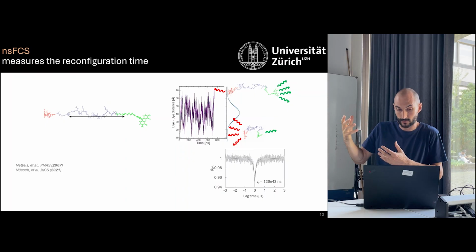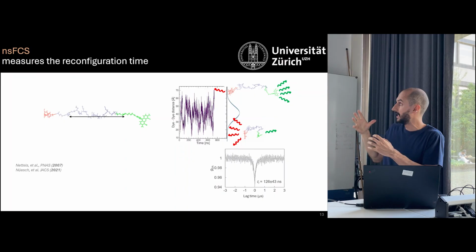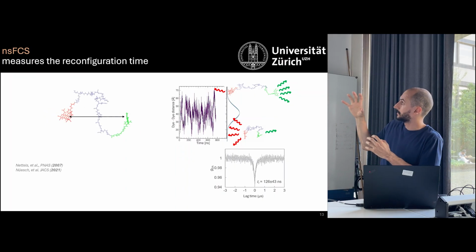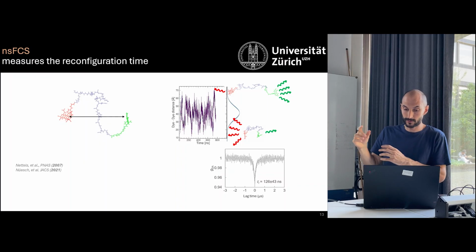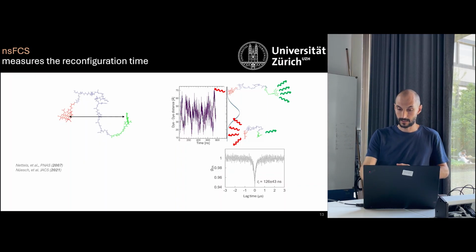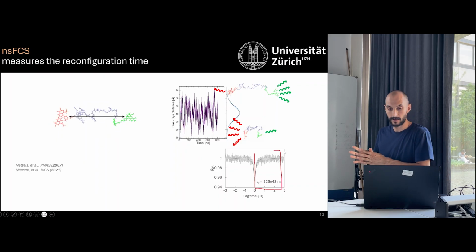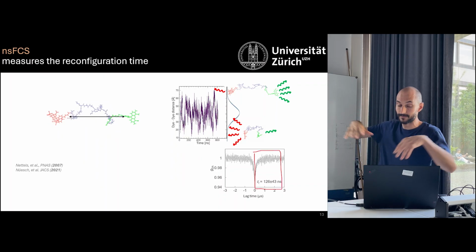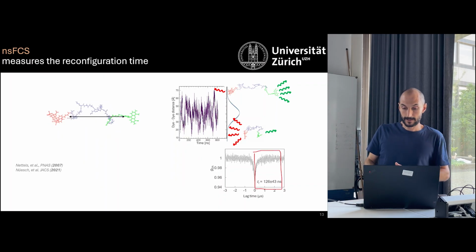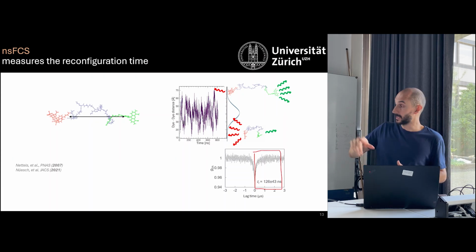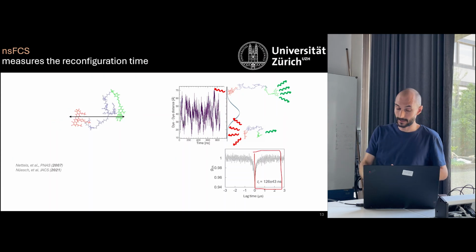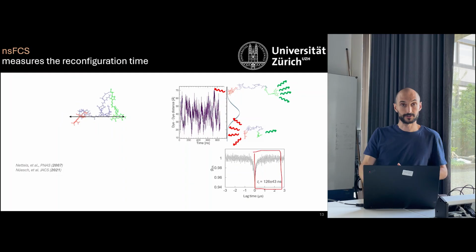That's what we call nanosecond FCS. This is a cross correlation between donor and acceptor photons, and we see this relaxation time, which is really the relaxation time of these fluctuations. We fit it with an exponential, and this is the value, this reconfiguration time.